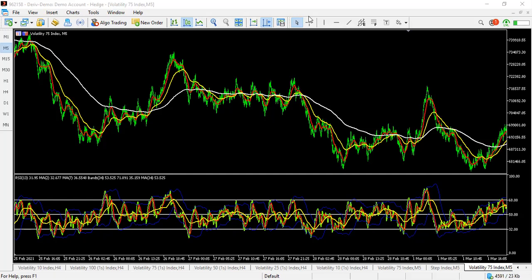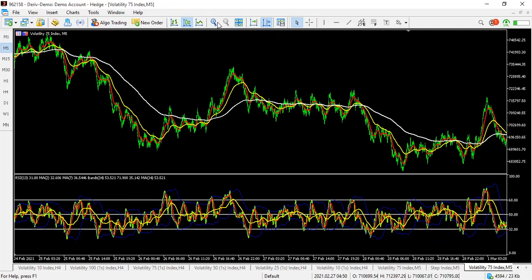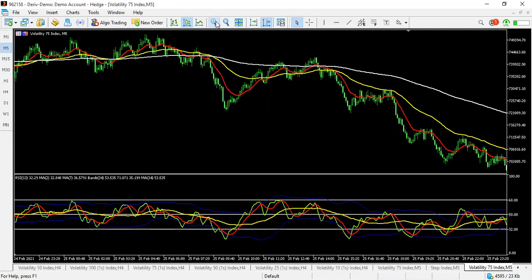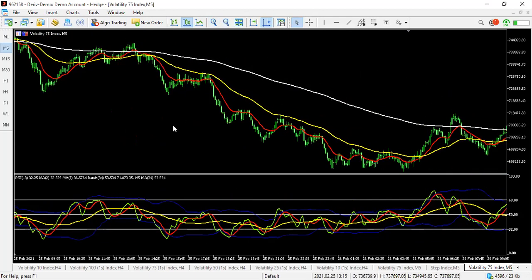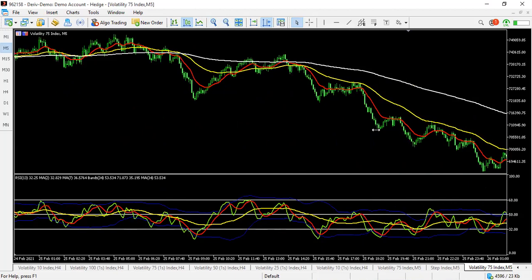Quickly, the market actually moves very fast on a 5 minutes time frame. Let me just show you what I mean. You can see that this is a downtrend.